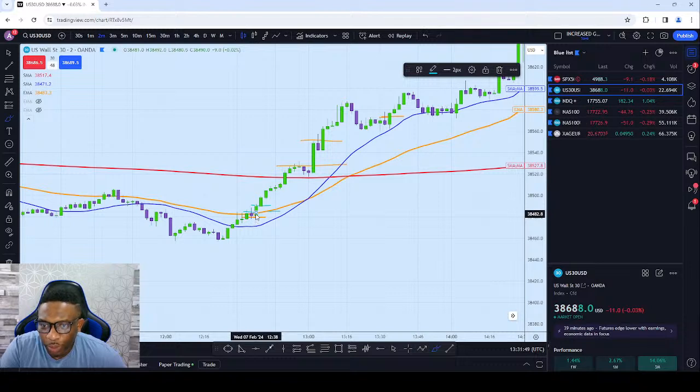So technically it's from this entry level to here on the anticipation entry. Then if you enter on the confirmation entry, that means you place your stop loss here, then from here to here it's a little bit wider.